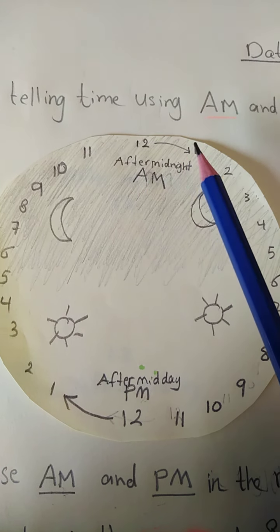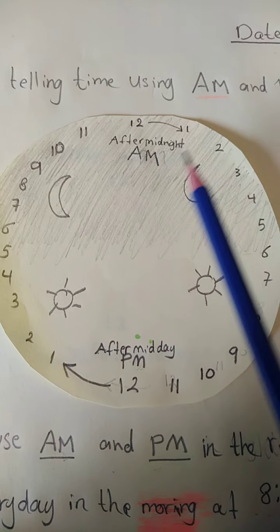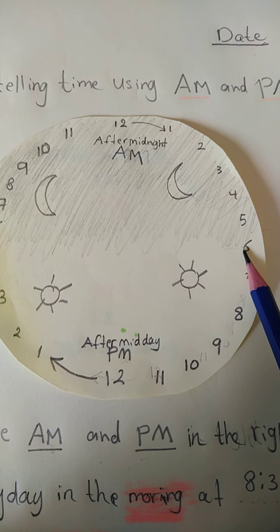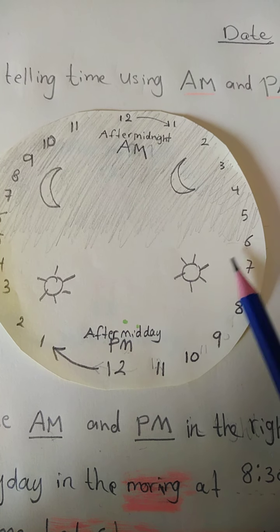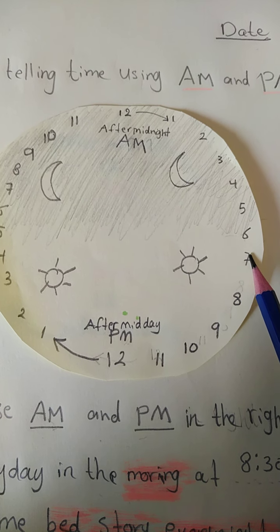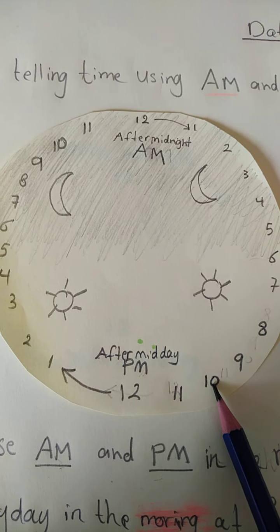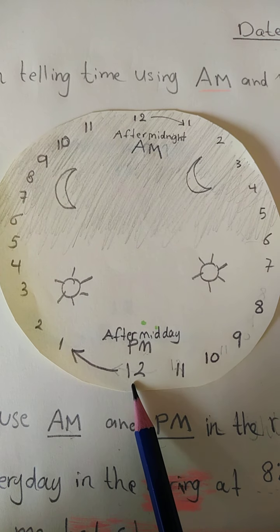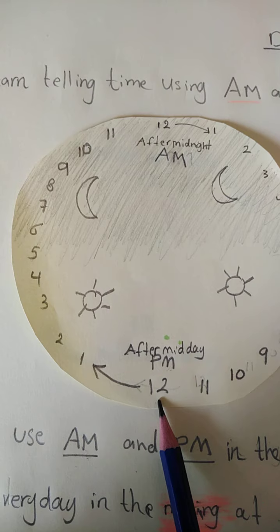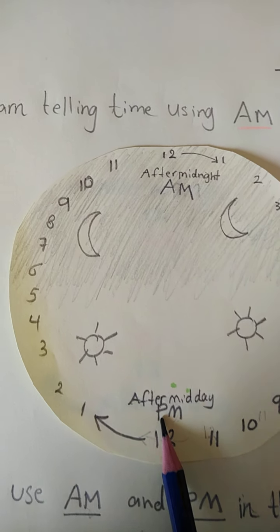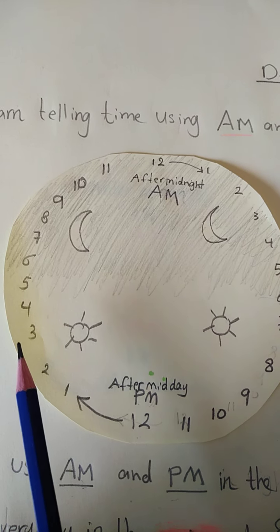So as we said, if it's after midnight, it's going to be AM. 12 midnight, 1, 2, 3, 4, 5, 6. It's night time. And then sunrise, 6 or 7. Morning, 6. This is when you wake up and go to school. 7, 8, 9, 10, 11. And then lunchtime. After midday, it's lunchtime. It's going to be PM. 1, 2, 3.